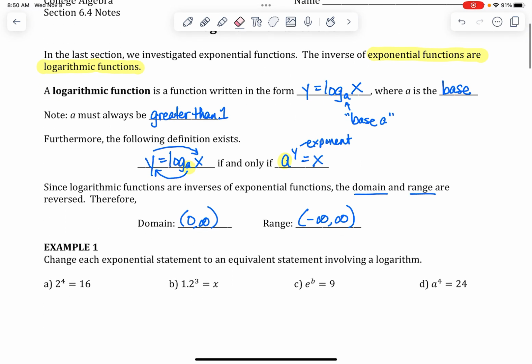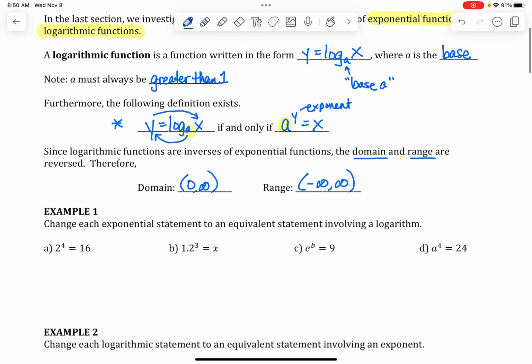So we're going to keep that in mind as we do a bunch of other stuff, okay? The first skill I mentioned is being able to convert from exponential to logarithmic form, and that's what this first example is all about. As an initial example, we know that 2 to the 4th equals 16, right? No problem there. When you write it in logarithmic form, the base is going to be that 2. So you're going to write it as log base 2, and then the 16 goes right after it.